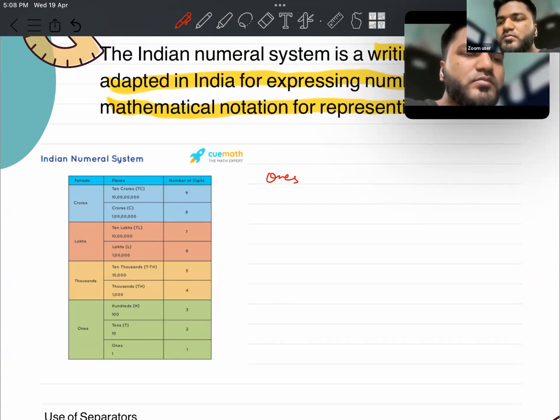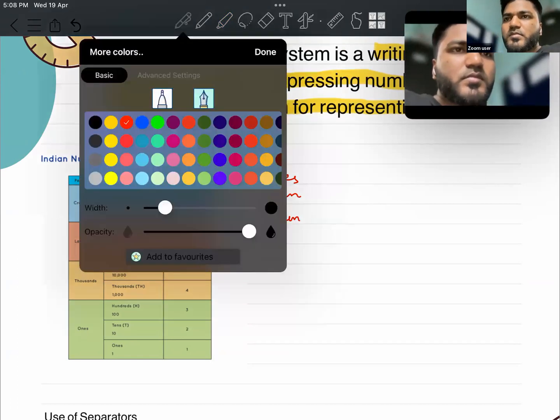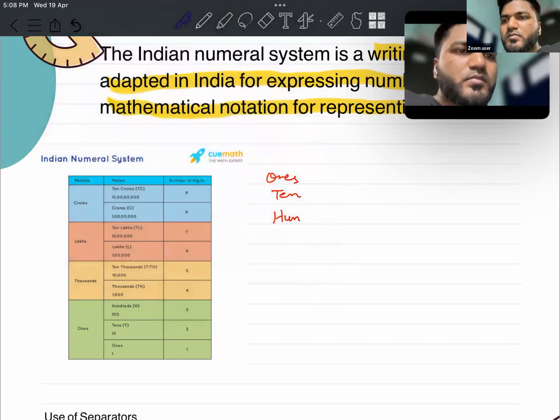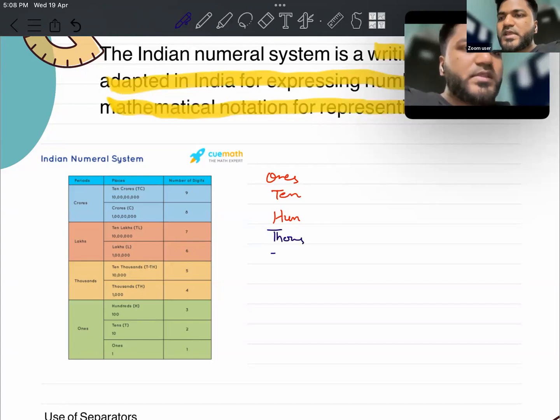Ones, tens, hundreds. Then tens place has two place values, thousands and ten thousands. Very good.